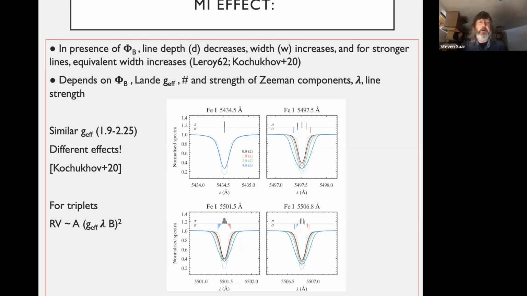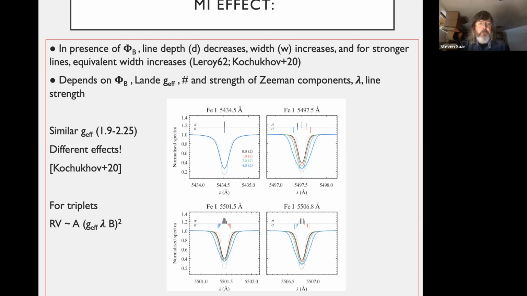Okay, so as I alluded to, the presence of flux affects line broadening. It's dependent on the magnetic sensitivity, the Landé g value, and on the strength and number of Zeeman components, the wavelength of the line, the magnetic field strength itself, and the fraction of the surface that is covered by fields.